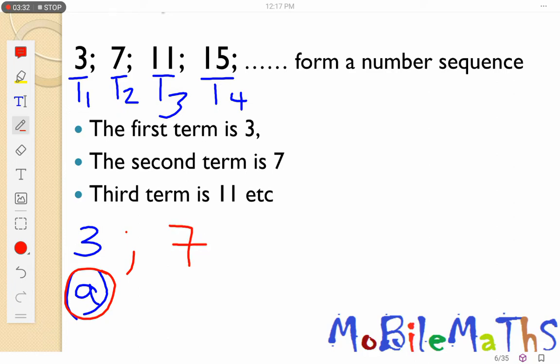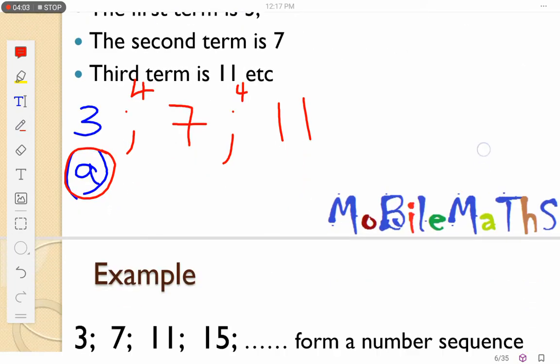When we move from 3 to 7, we have a difference of 4. We have added 3 plus 4, we get 7. To get the other term, we have added again 4, and we get 11. So it's like the previous term, we add 4 to get the next term. That becomes a number pattern and a sequence. That's what we are talking about.